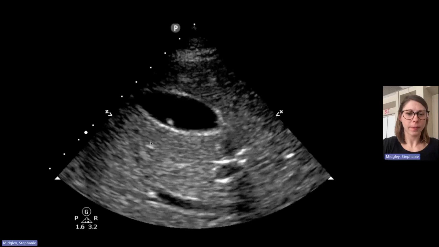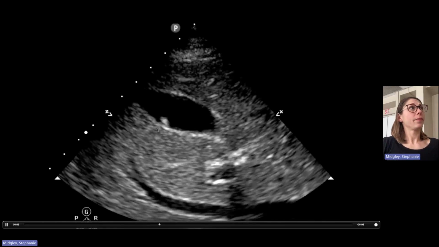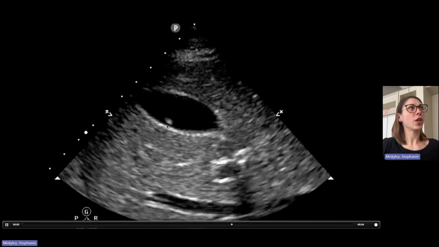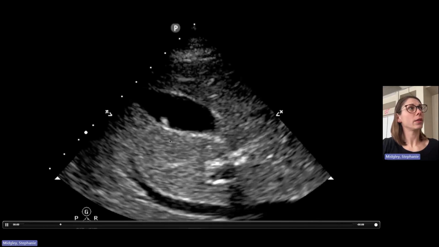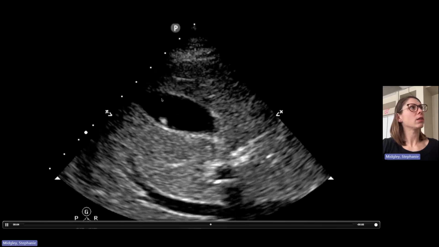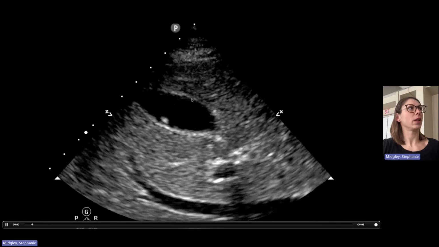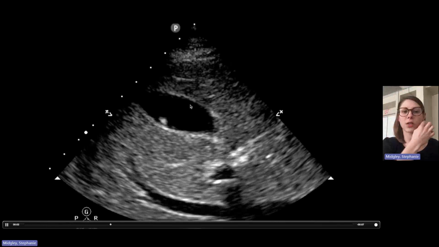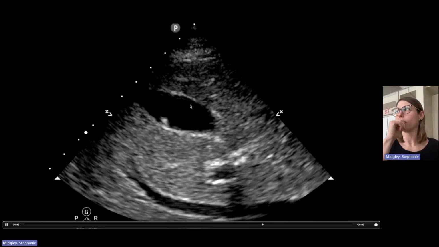Yep. So most of the time, a non-shadowing little growth within the gallbladder is going to be a polyp. Really easy ways to tell, right, is if it's not dependent. So if it's up here in the top of the gallbladder against gravity. What are some other ways you can figure out polyp versus stone?